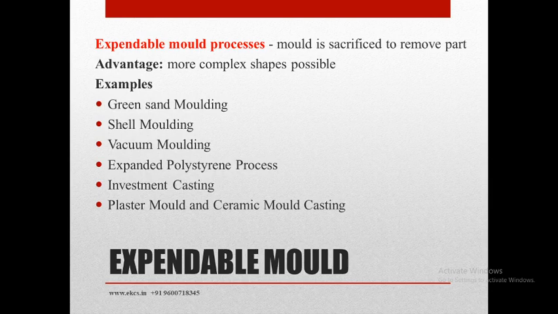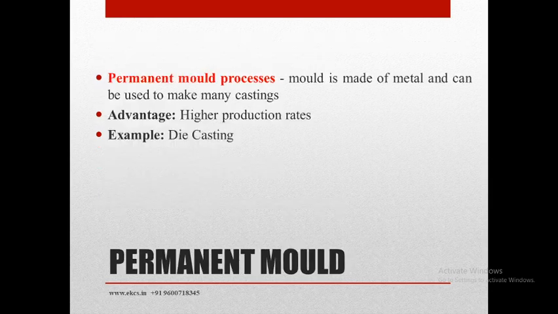The advantage of the expendable mold process is that more complex shapes can be cast. Examples of expendable molds are green sand molding, shell molding, vacuum molding, expanded polystyrene process, investment casting, plaster mold, and ceramic mold casting.